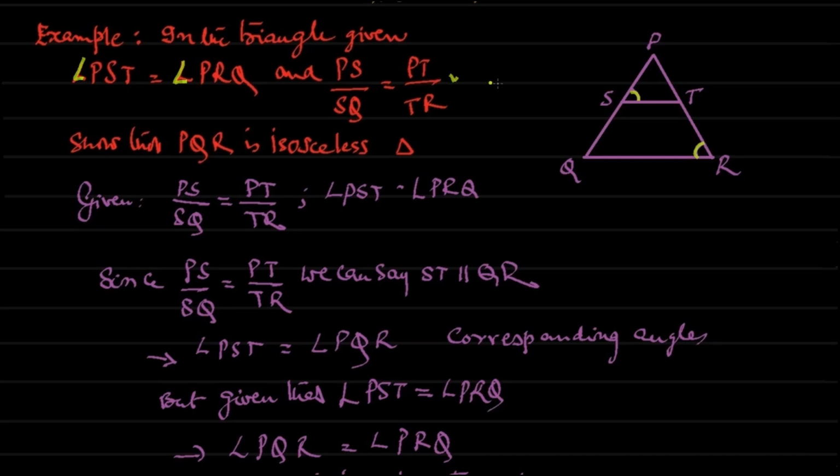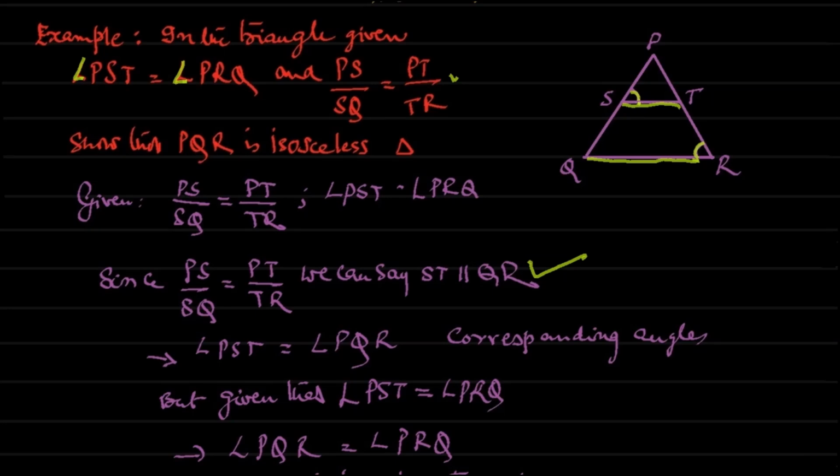This is also given: PS by SQ equal to PT by TR. What does that mean? If PS by SQ is equal to PT by TR, that means ST is parallel to QR. Okay?